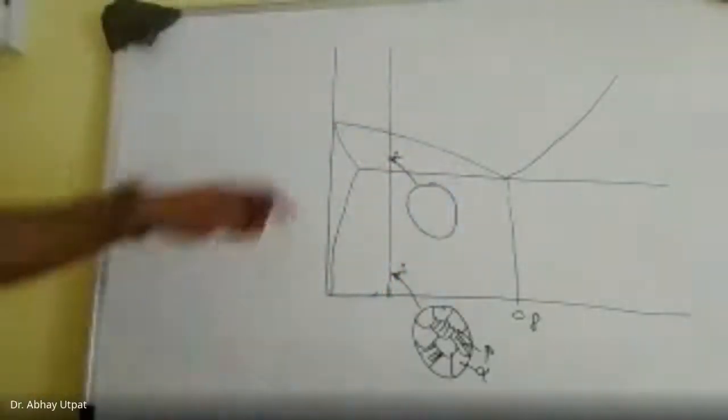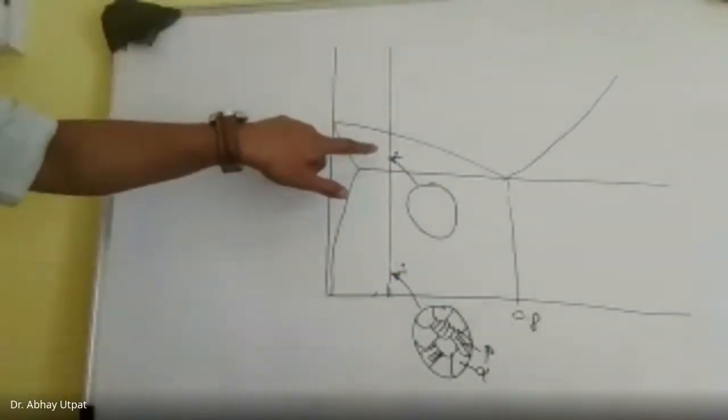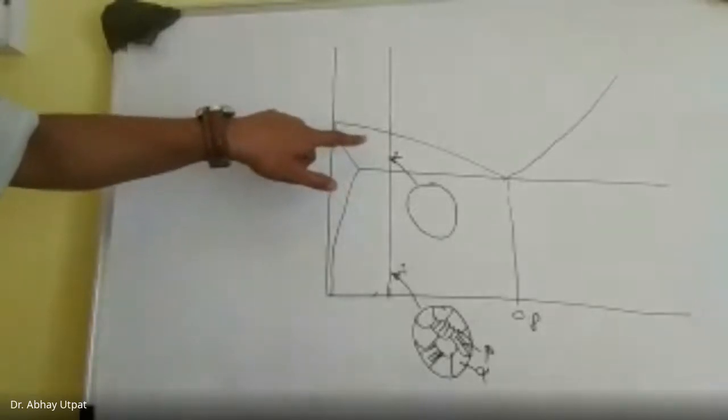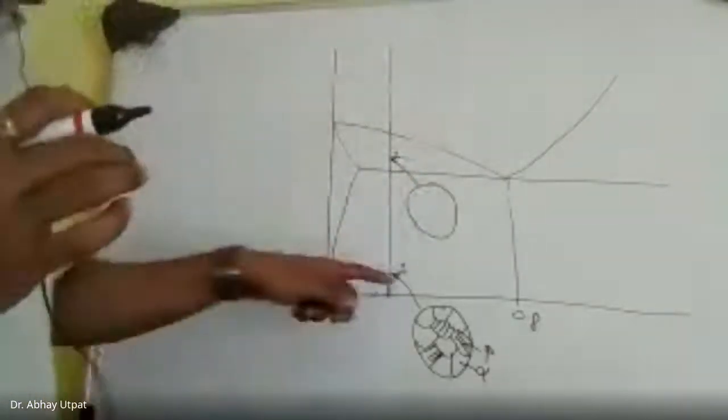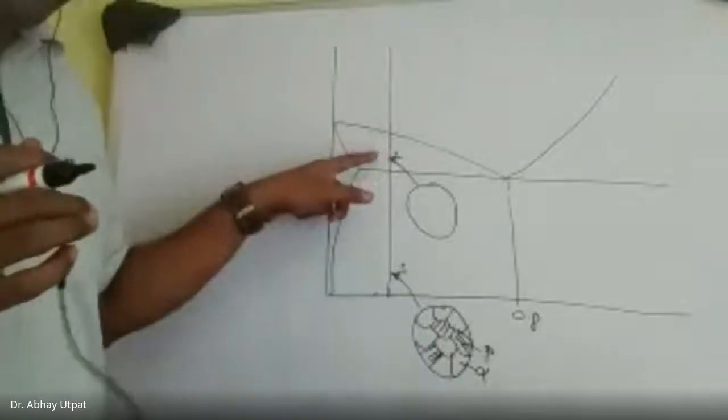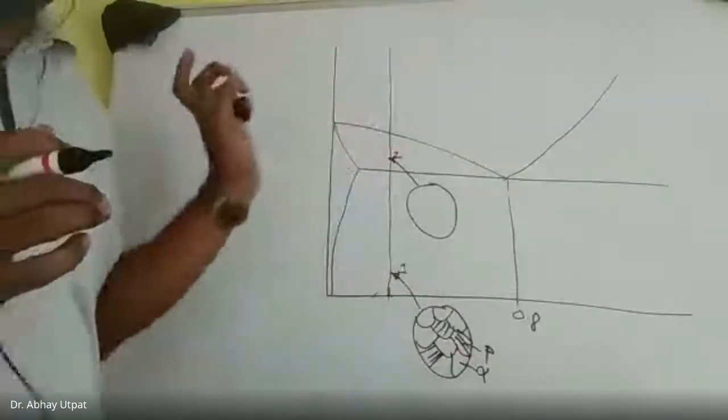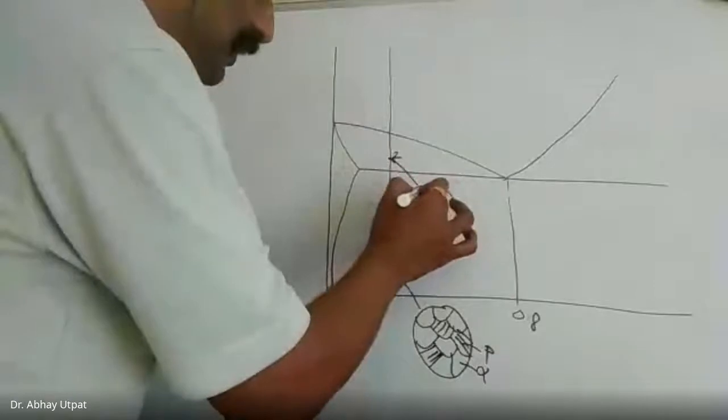Tell me what is the phase at this point number 2. Answer immediately. Amruti: Alpha plus gamma. Correct. Alpha plus gamma. So alpha remains alpha and P is converted into gamma. Absolutely correct.